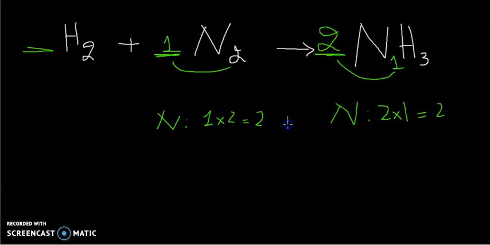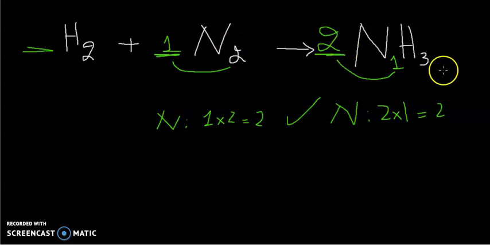So nitrogen is balanced. Remember that we do the balancing by applying the law of conservation of mass. All atoms should be equal in number on both sides, in reactants and the products. Okay, let's check now for hydrogen.